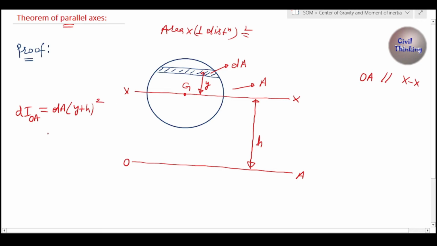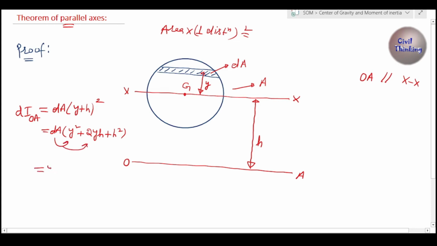Now this is the formula a plus b whole square. When we expand it, dA will stay as it is. This is a square, y square, plus 2ab, 2yh, plus b square, which is h square. Now let us distribute dA everywhere.